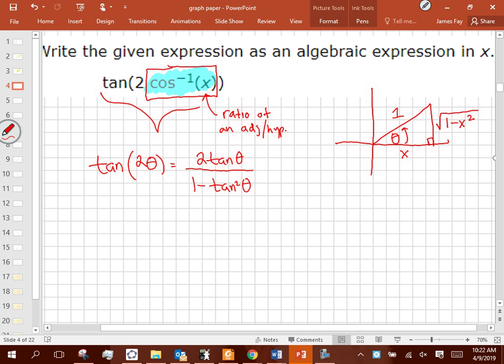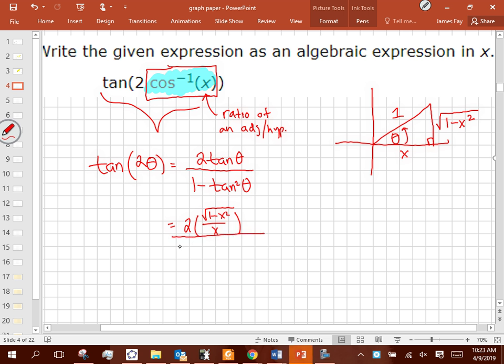that generates this formula. So now, because I know what theta is, and I look at my picture, I've got all the information needed for the tangent of theta. Now I'm just going to substitute. So we have 2 times tangent of theta, which would be opposite over adjacent, right? So it would be root 1 minus x squared all over x. That would be the numerator.